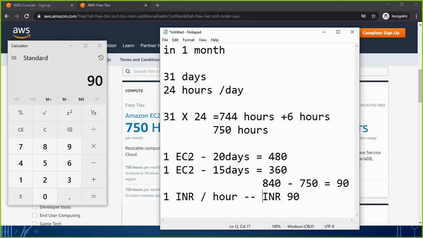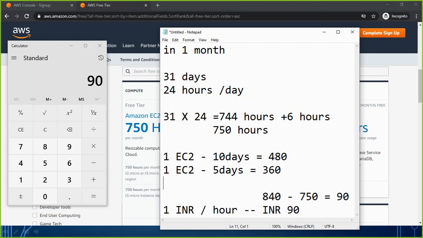But what if I run maybe this instance, let's say, only for 10 days, the second EC2 instance maybe only for 5 days, and maybe I have even a third one. This is maybe my first instance, this is my second instance, this is my third instance, and that one I kept running for, let's say, 15 days. So now how many hours was I actually running my services on AWS?